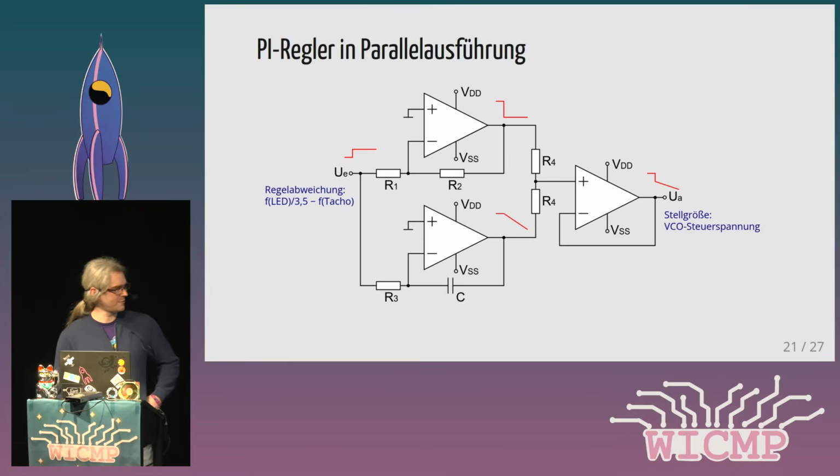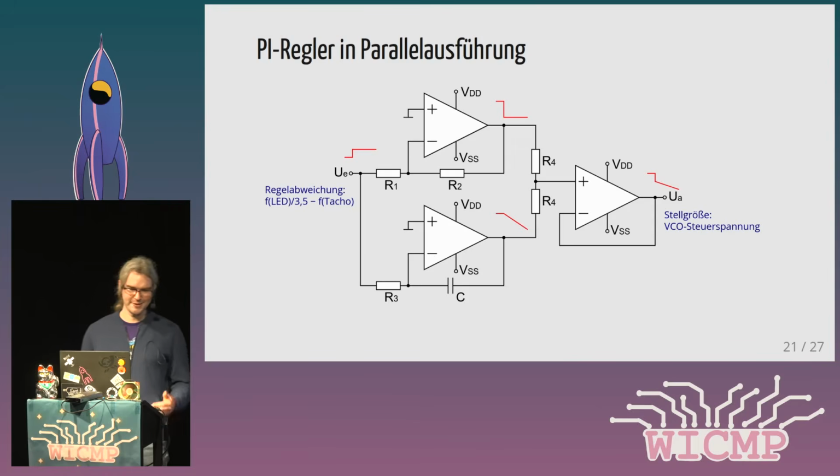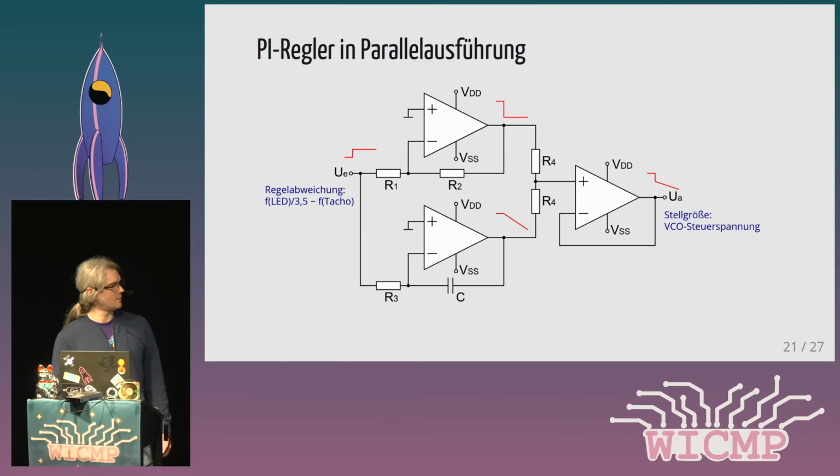And so we have the I component, that's the integrator from previously. What this is doing is that as long as there is an error, it will increase the VCO voltage until the error is 0. That's what we want to have in the long term, because we want the fan to turn with the same rotation speed visually at all times. So the error must be 0, or should be 0.